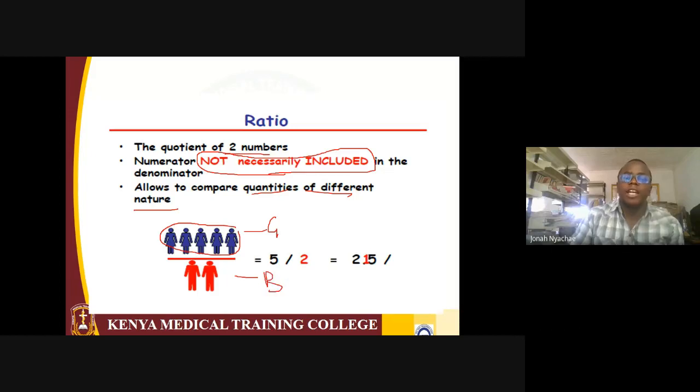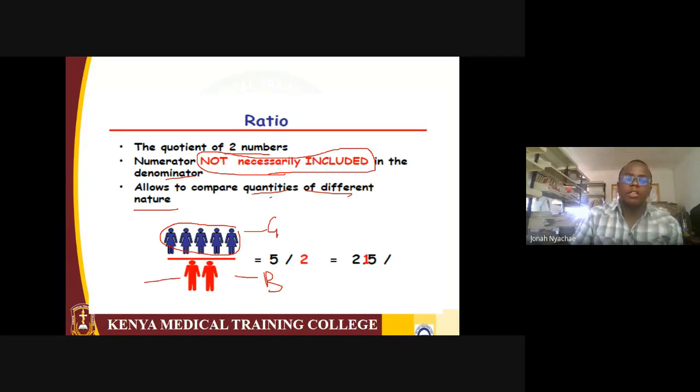So you don't add the numerator and denominator to get the population at risk. You just compare quantities which are of different nature.